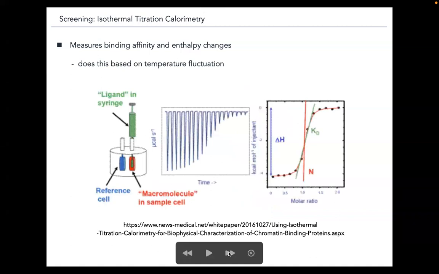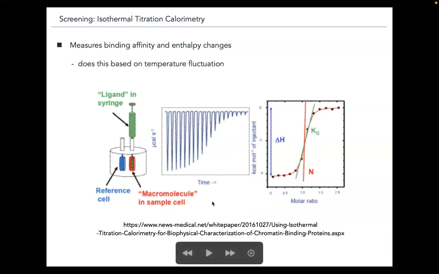Isothermal titration calorimetry is another really interesting technique. This is typically used when you want to really understand the binding affinity of a particular ligand. And when I say ligand, again, these are the small molecules or potential drugs. It basically monitors the temperature fluctuation as you add more and more of the compound.